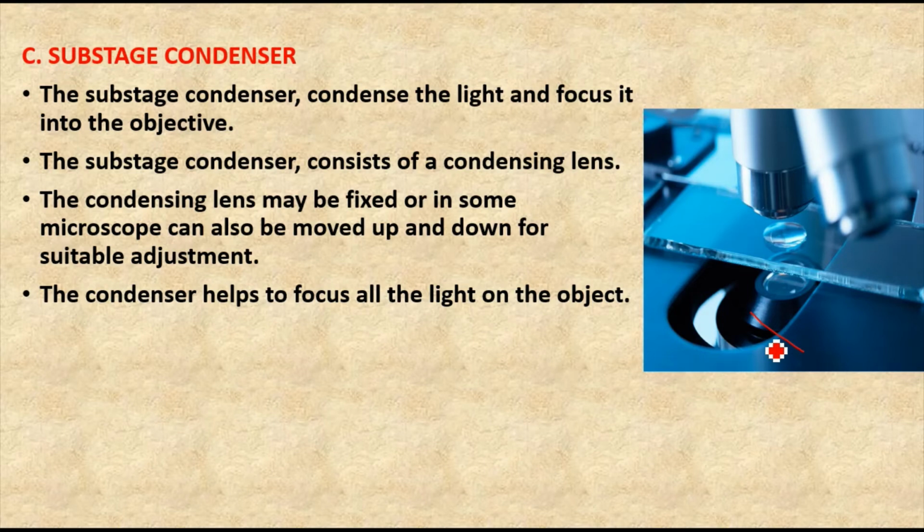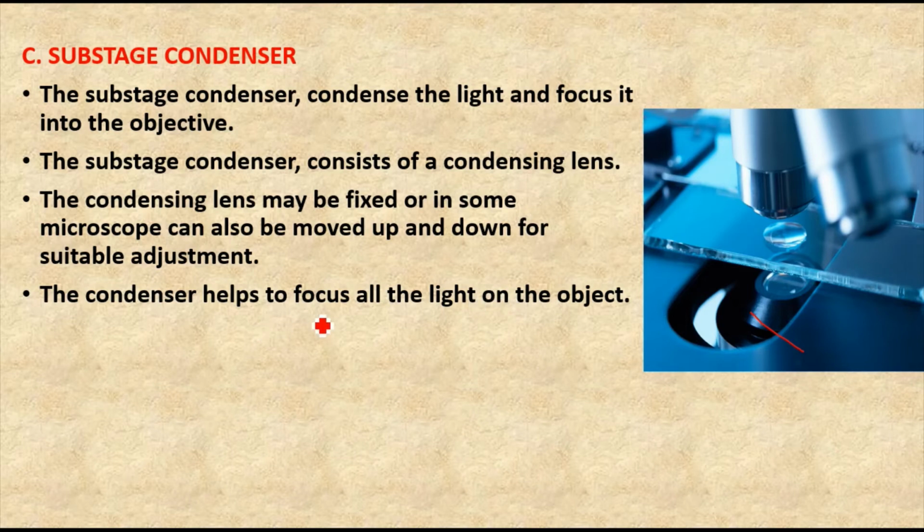In general, if you have a very narrow path, everything gets merged into one line and is allowed to go in a single line. In the same manner, the main function of this condenser is to make all the light rays condense and fall on the specimen. This condensing lens may be fixed, or in some microscopes it can be moved up and down for suitable adjustment.